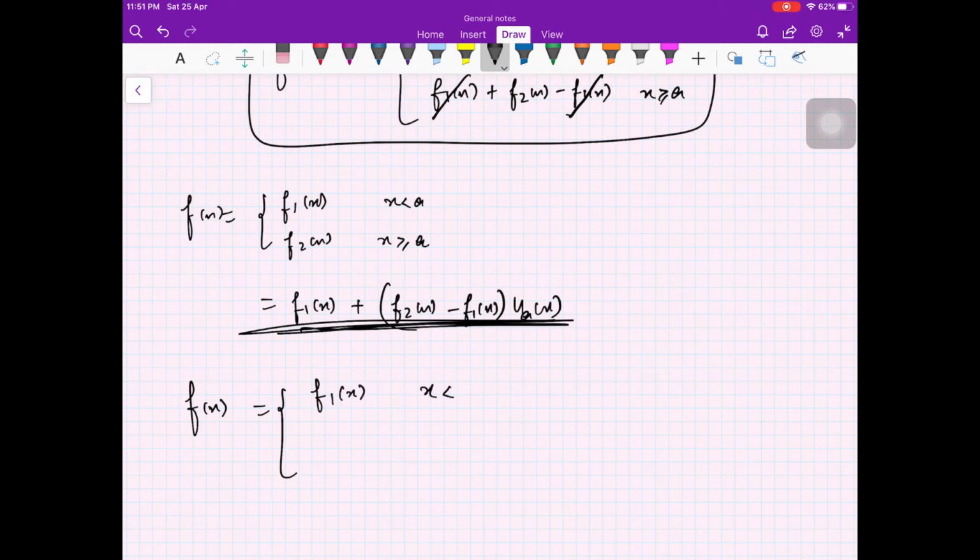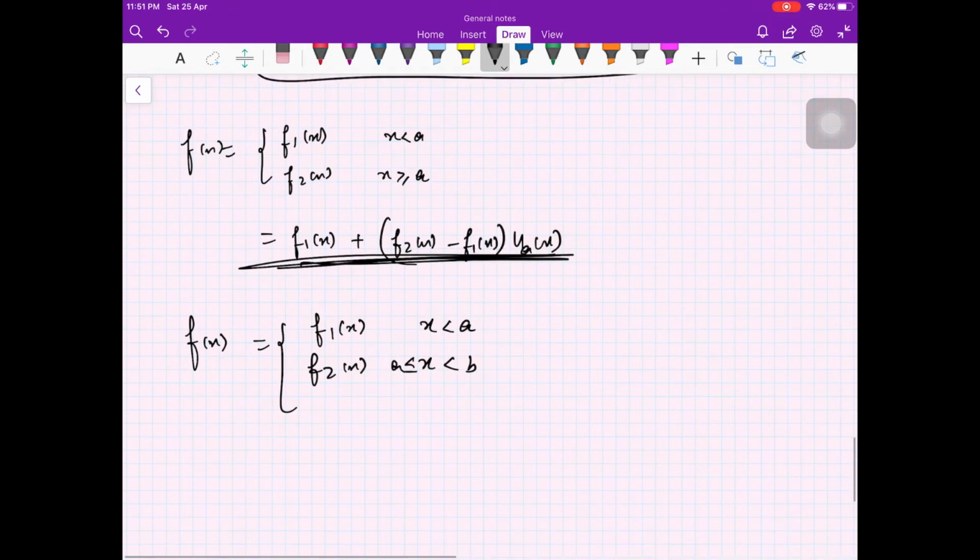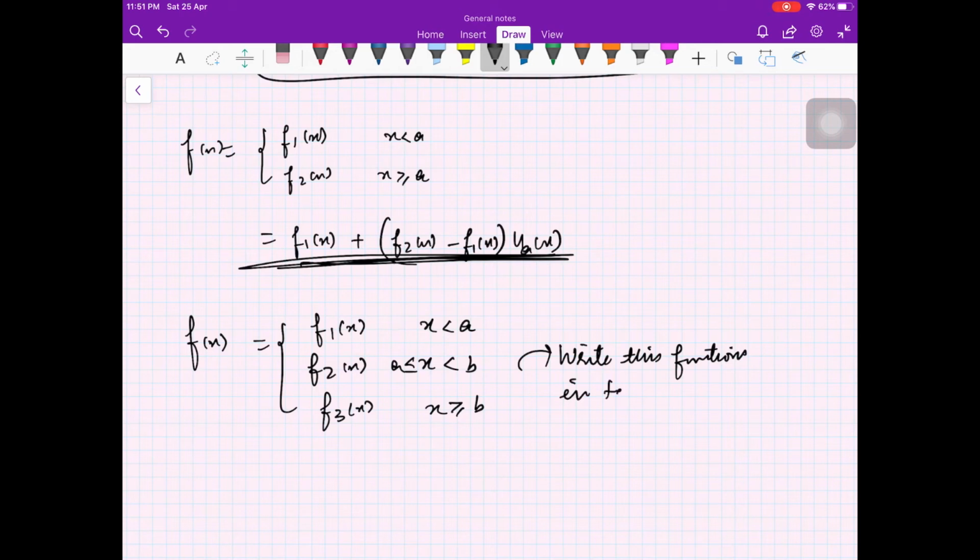Suppose you have another example that you have a function which is f1(x) for x less than a, and it is f2(x) for x greater than or equal to a and less than b, and it is f3(x) for x greater than or equal to b. How can we write this function in terms of unit step function?